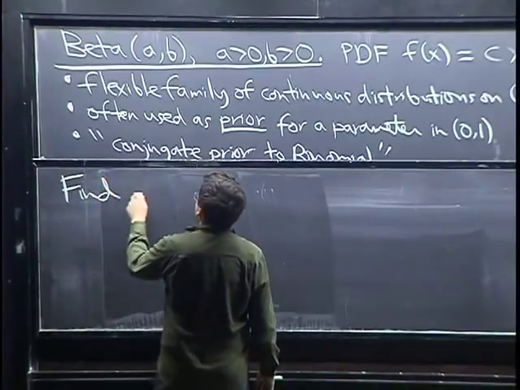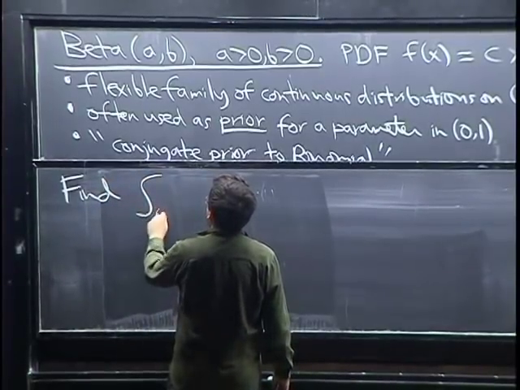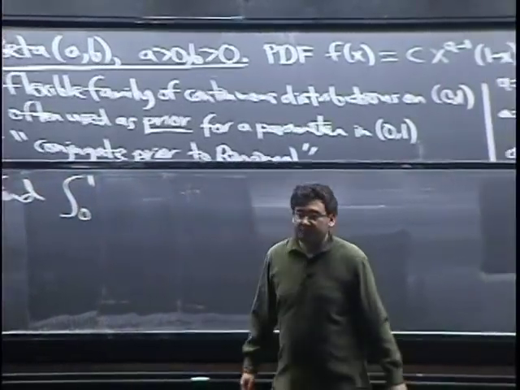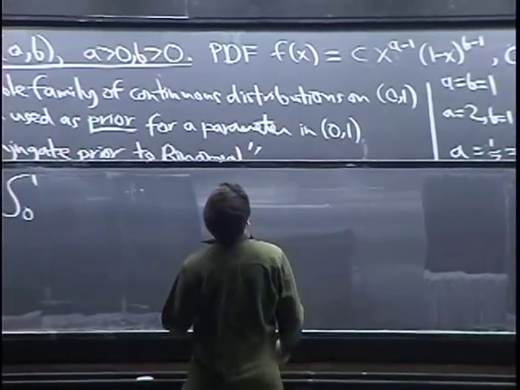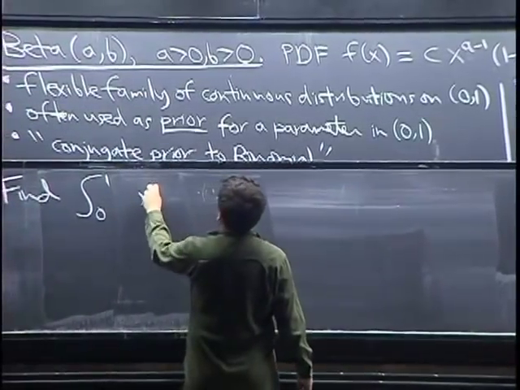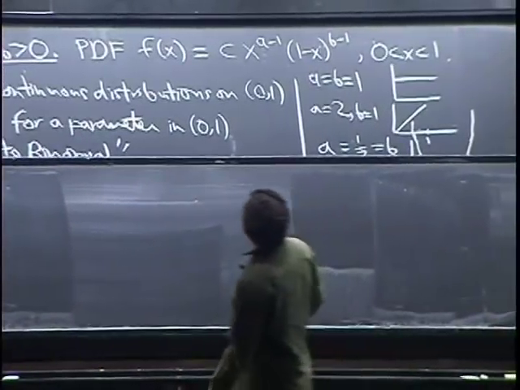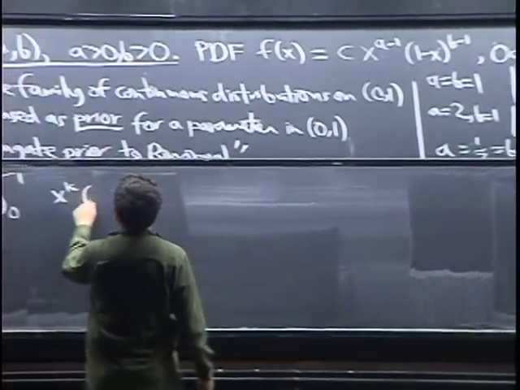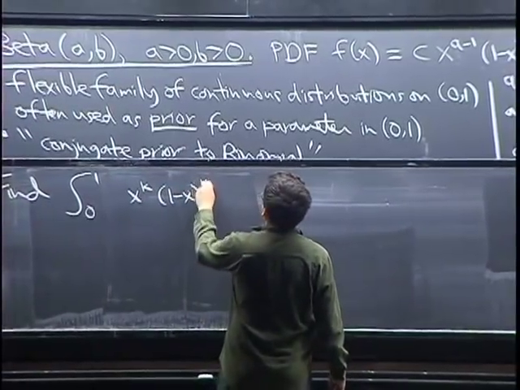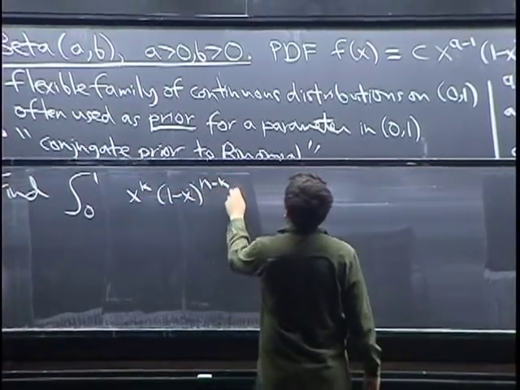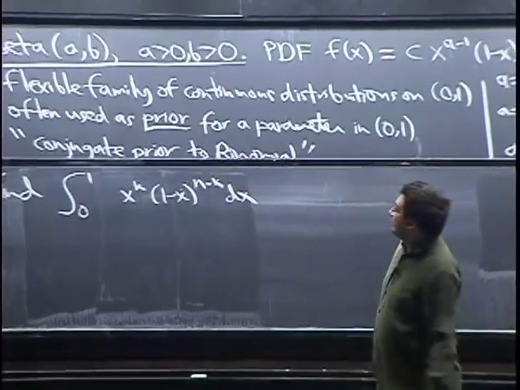We have to integrate from 0 to 1 of, let's say, x to the k. I'll write it in a way that looks a little more reminiscent of a binomial, but it's the same basic thing. X to the k, 1 minus x to the n minus k, dx.